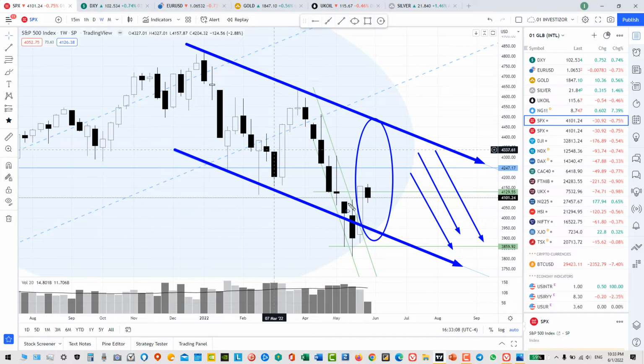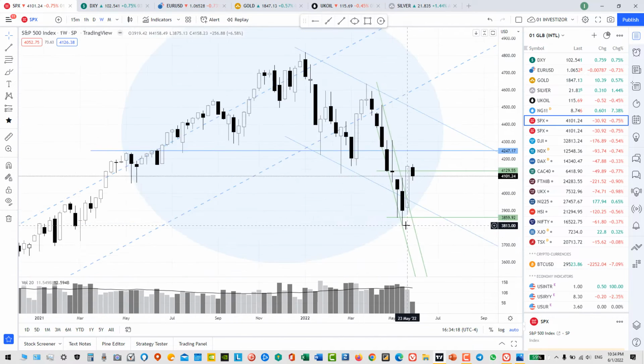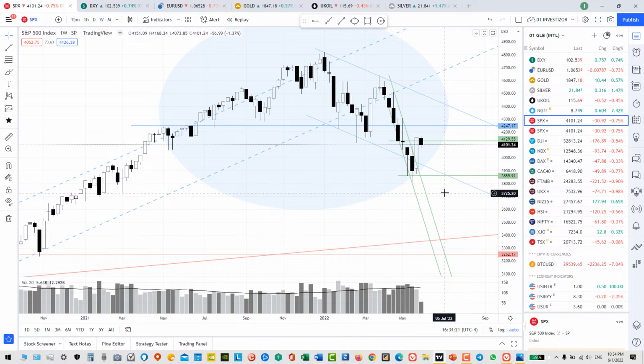So it may stop and vanish around the neckline of the head and shoulders, and it may get a little bit extended to the trend line before it vanishes and an impulsive wave starts pushing the market lower. As we said, the minimum target may range around 3,700 or 3,600 points.